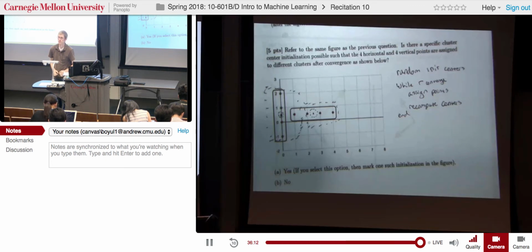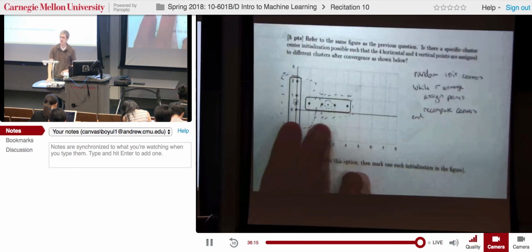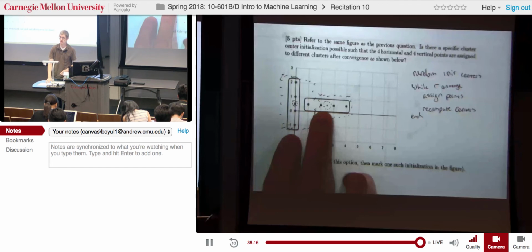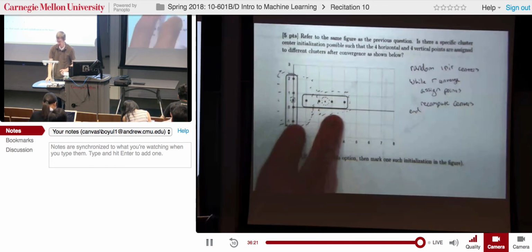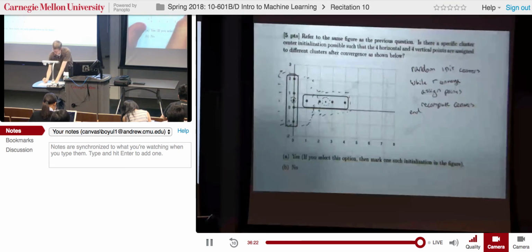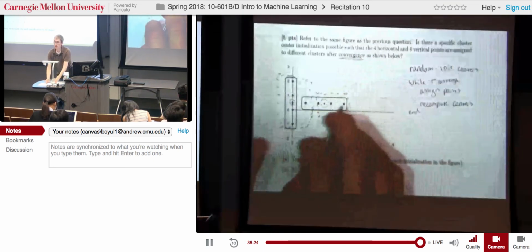Okay. So now we complete this iteration and assign the points to new clusters, and we get this one, this one, this one, this one, and this one now belonging to this first cluster. And then this one, and this one belonging to this cluster.